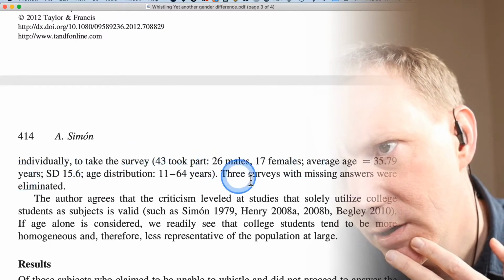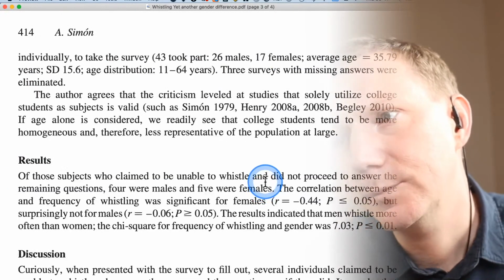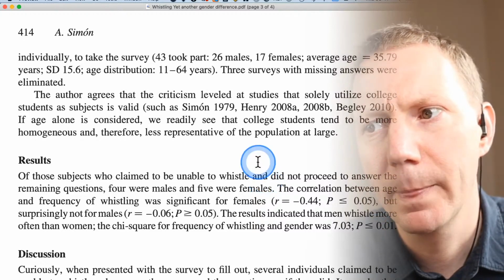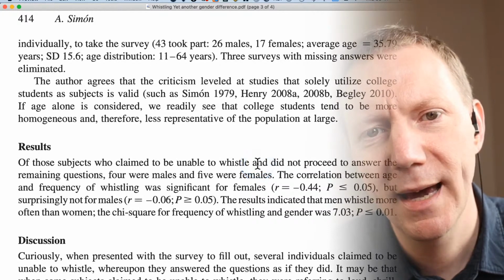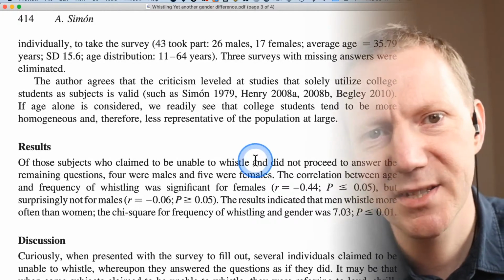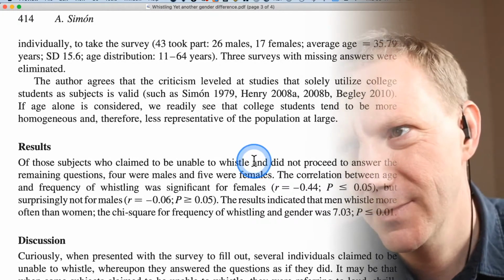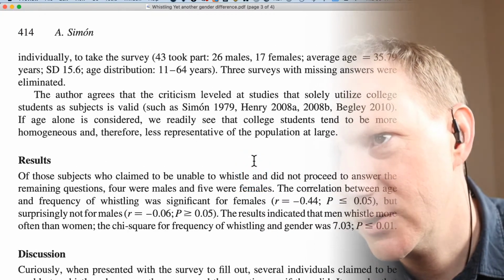It could have been that, for example, 10 people said I only whistle once, and the other 10 said I whistle twice. I think it's a week, but I'm not sure.